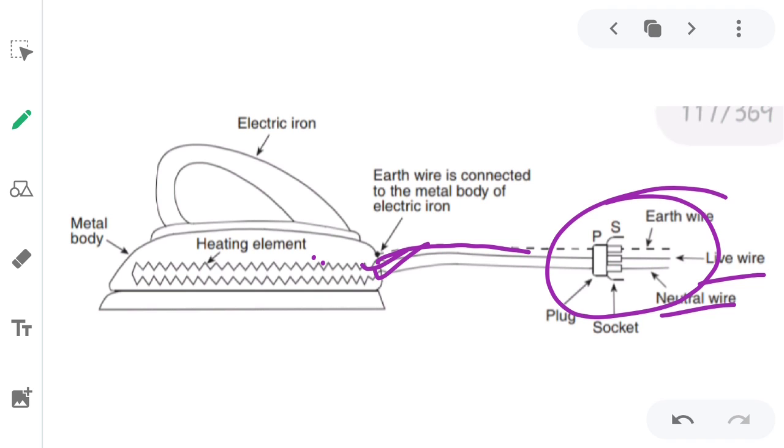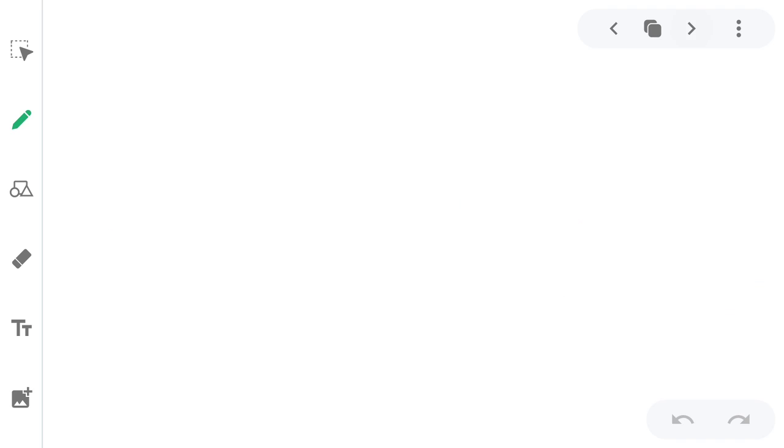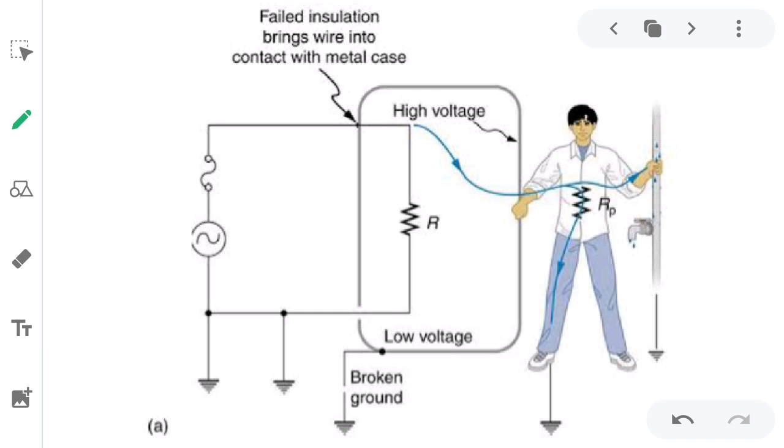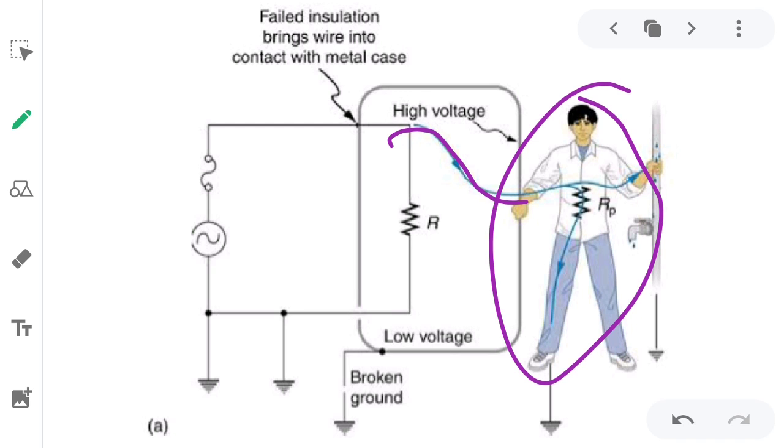And to protect our household equipment, here in this picture I've shown how it helps. If someone is touching a live wire by mistake, then what will happen? The current of high voltage will start flowing to that person's body, and this person's body works as the earth.